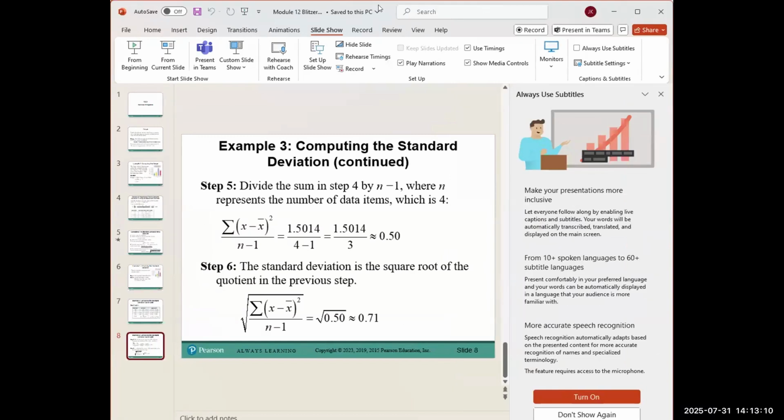The next thing that I want to look at is using Desmos to calculate some of these things. Let me share my Desmos with you.